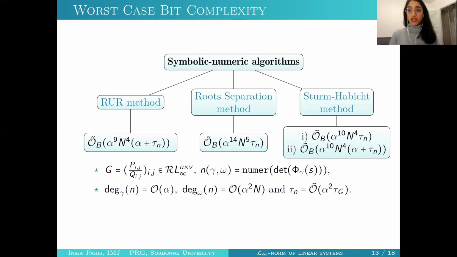And the Sturm-Abie method, as we said, consists either of the evaluation over algebraic numbers, which will give us a complexity of alpha 10 and 4 alpha plus tau of n, or over rational numbers, which will give us the complexity alpha 10 and 4 tau of n.